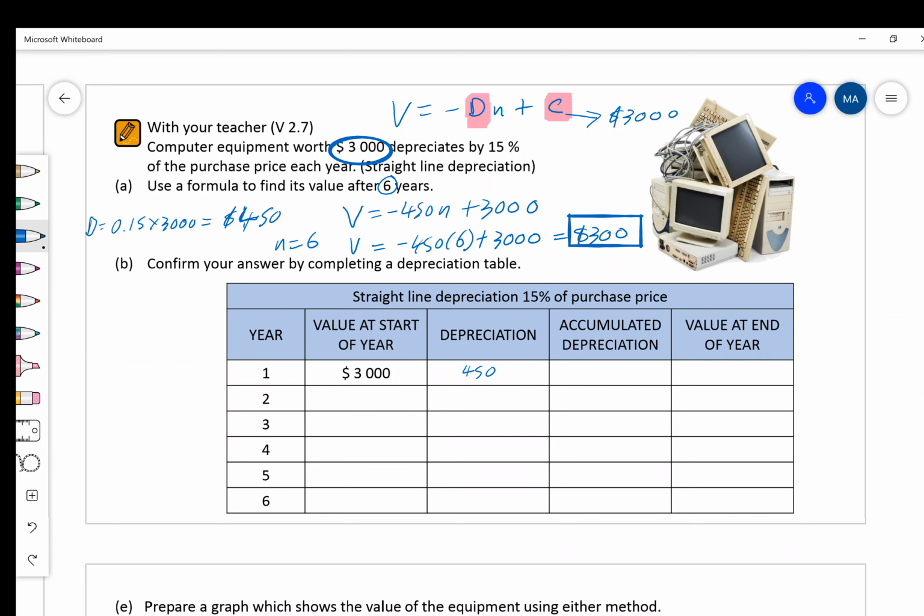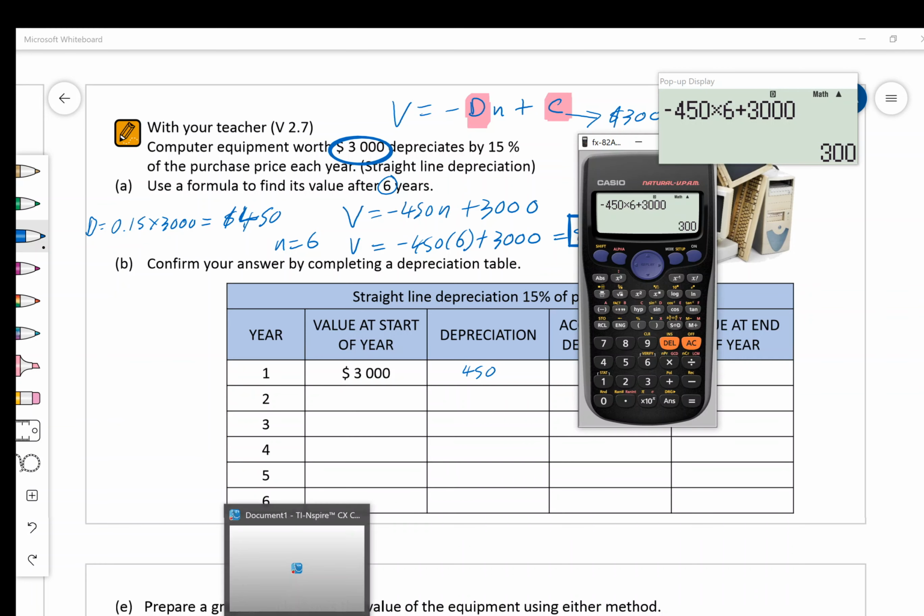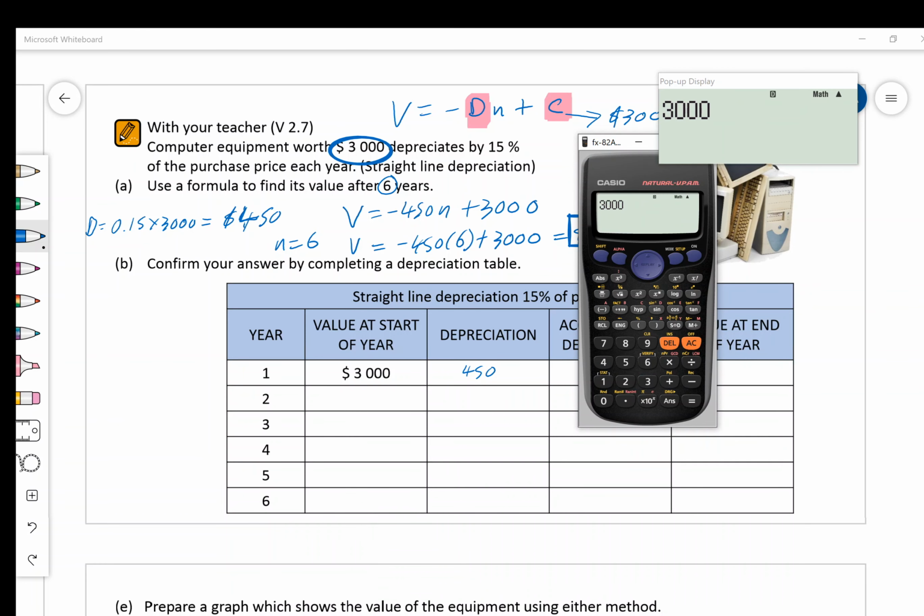The accumulated depreciation is just the running total for each year, so at the moment it's 1 year's worth. At the end of the year, we subtract that off the original price: 3,000 minus 450 is 2,550.